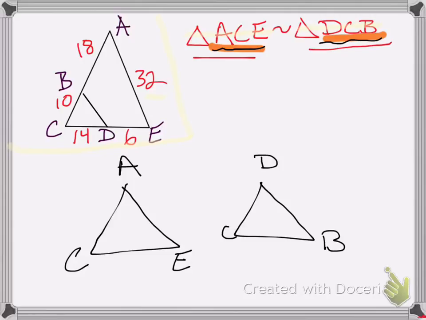We were told that CD is 14 from our picture, so I'm going to put that into my picture. CD is 14. CB from the picture, the given picture, is 10. Put that in. Cool. That's what I know about the little triangle, because BD right there, this part right here in the middle, I don't know.